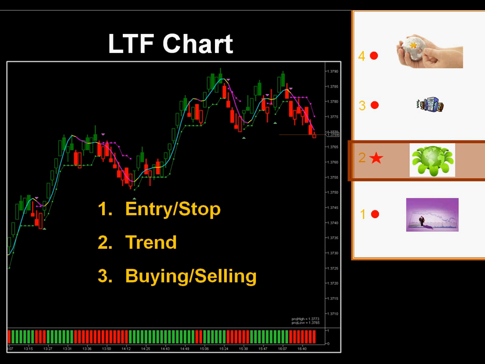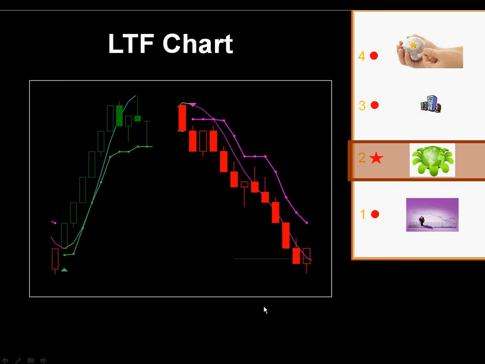The third thing will be the buying and selling pressure. And last but not least, it has to tell me the volatility based on price action or volume and based on real-time context. So for this lower time frame, the indicators that I chose cover all those 4 elements.